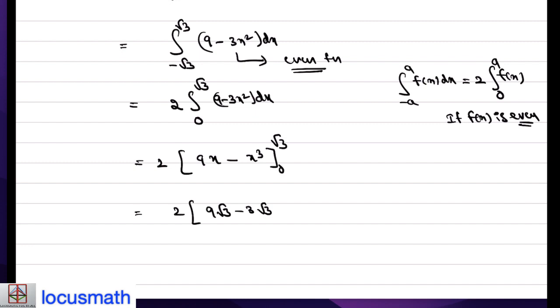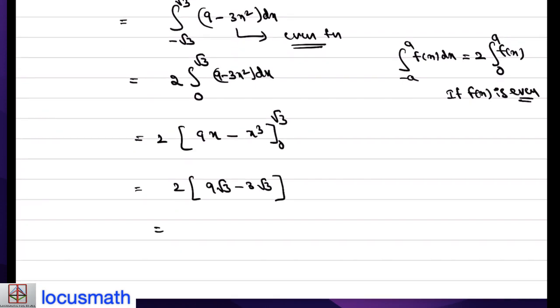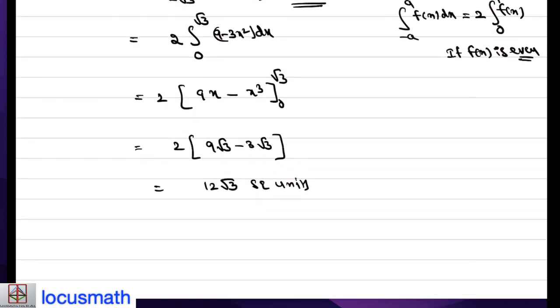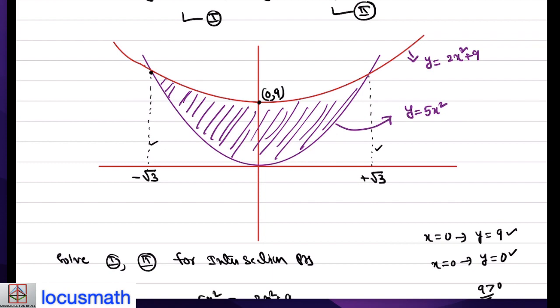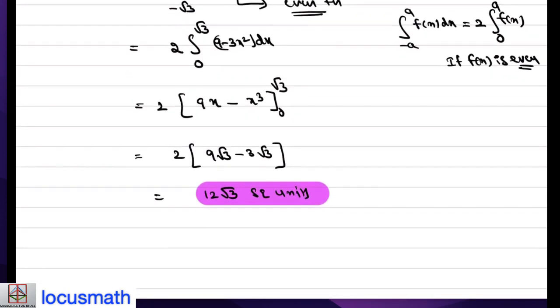Finally you get 9 minus 3, 6 root 3, into 2, that is 12 root 3. So 12 root 3 square units is the answer. So that shaded area is 12 root 3 square units.